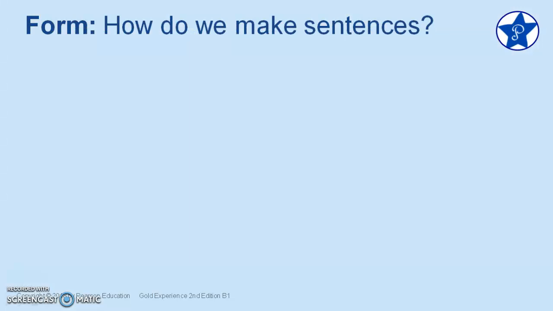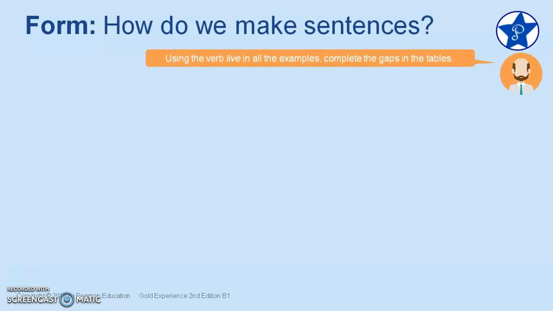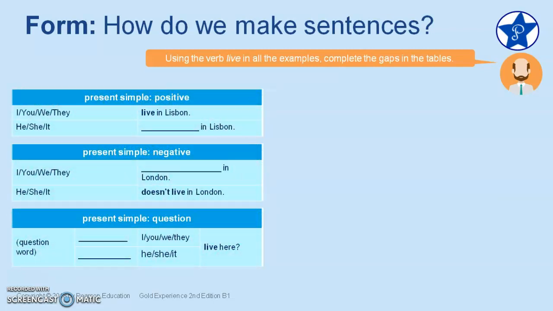Now, how do we make sentences using these two tenses? Using the verb live in all the examples, complete the gaps in the tables. If you want to think about it a little bit, pause the video. Otherwise, I'm going to show you the answers now.